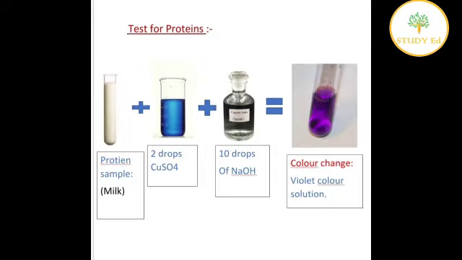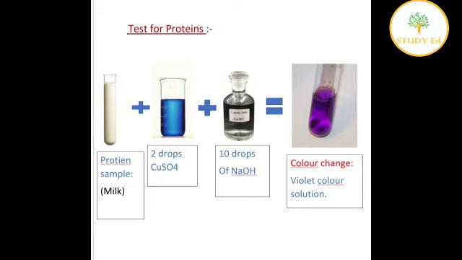Let us proceed to our test number 2, that is the test for proteins. In a test tube we have taken a protein sample, that is milk. In that test tube we will add 2 drops of copper sulfate solution and also add 10 drops of sodium hydroxide solution and shake that test tube well.